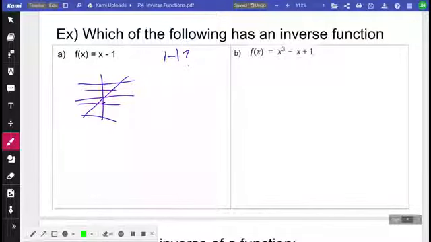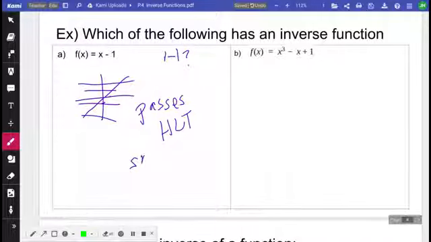And yeah, it does pass. And so which of it has an inverse and exists? This one does have an inverse. So I'm going to explain why it has an inverse. It passes the horizontal line test, so an inverse exists.